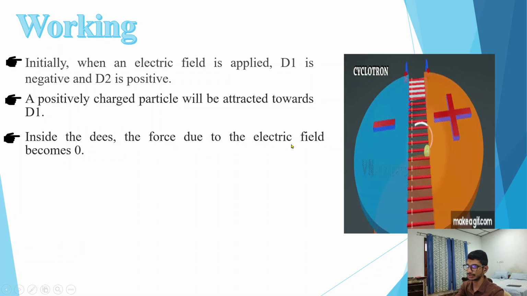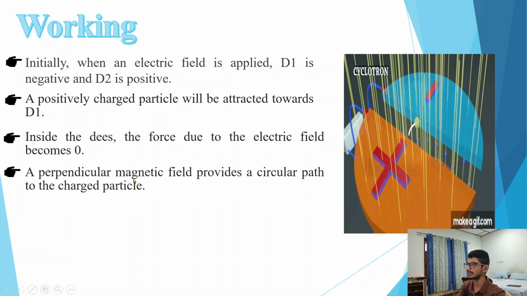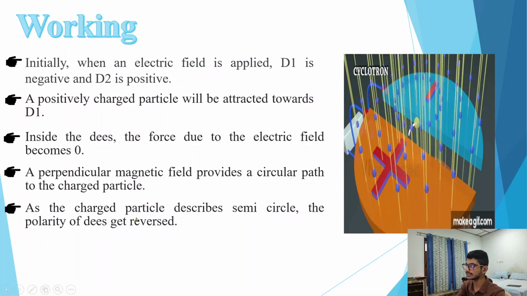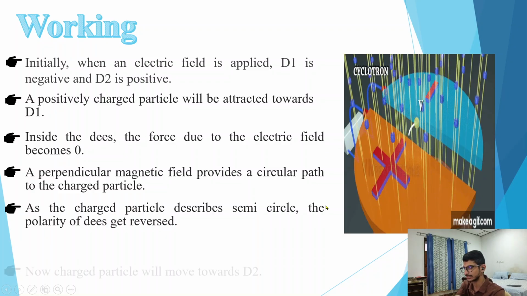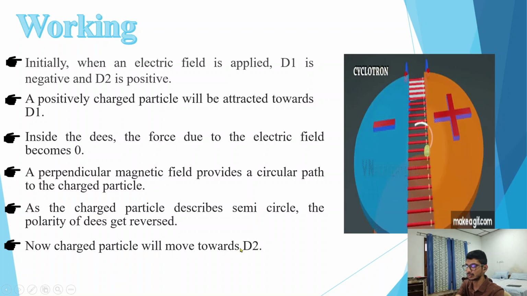Inside the Ds, the force due to electric field becomes zero, electrostatic shielding, and the perpendicular magnetic field provides a circular path to the charged particle. As the charged particle describes a semicircle, the polarity of the Ds gets reversed. We have discussed all these things. Now the charged particle will move toward D2.